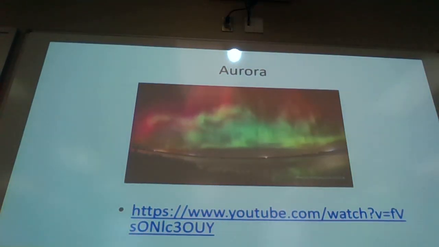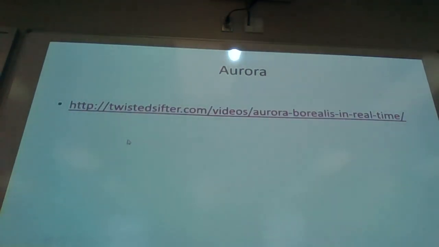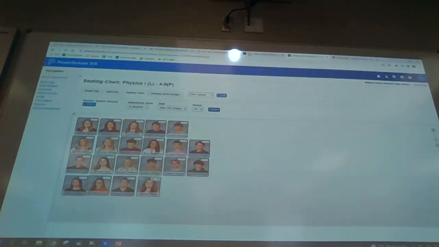Okay, the different colors come from different types of gas molecules in our atmosphere being excited. So nitrogen, oxygen. And this is cool. This is the coolest.